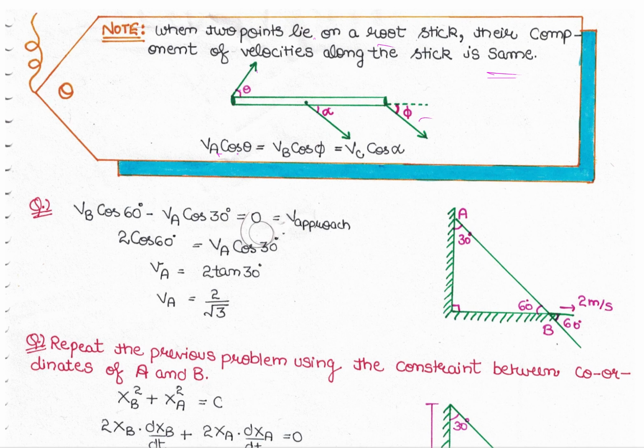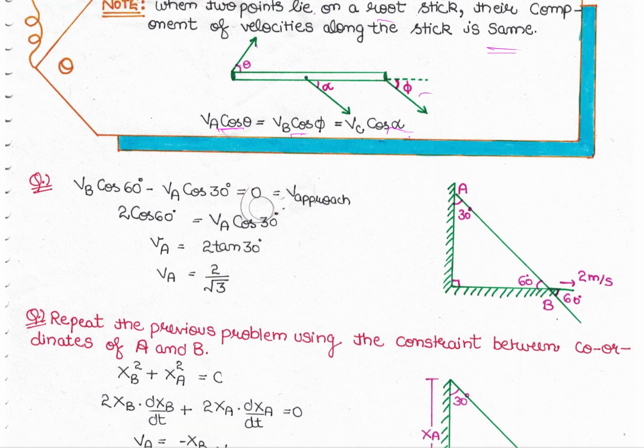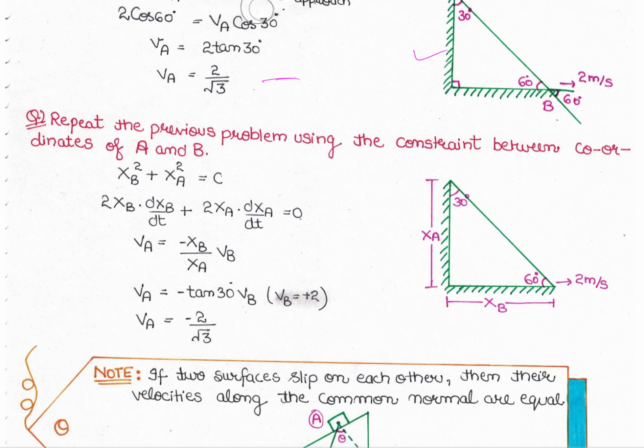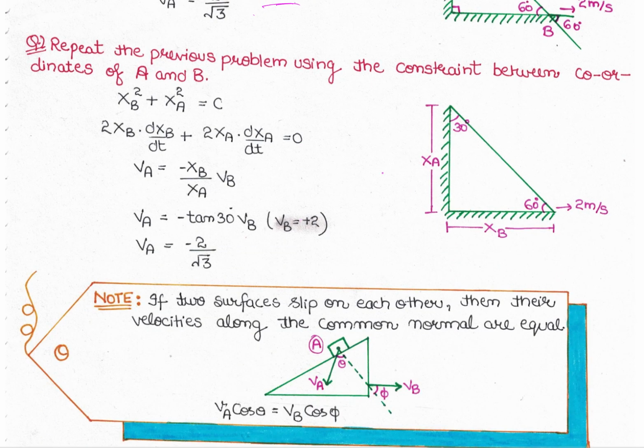Then we can write VA cos theta is equal to VB cos phi is equal to VC cos alpha. Okay. Now for this situation, you can easily find its velocity using the above method. And for this situation, you can also find its velocity using the above method, rope length method.